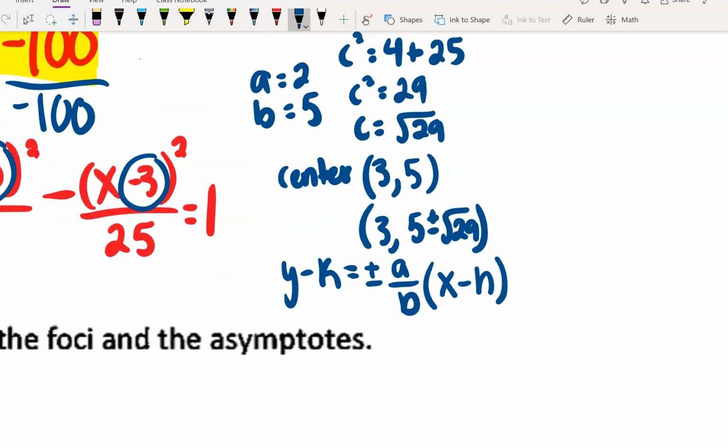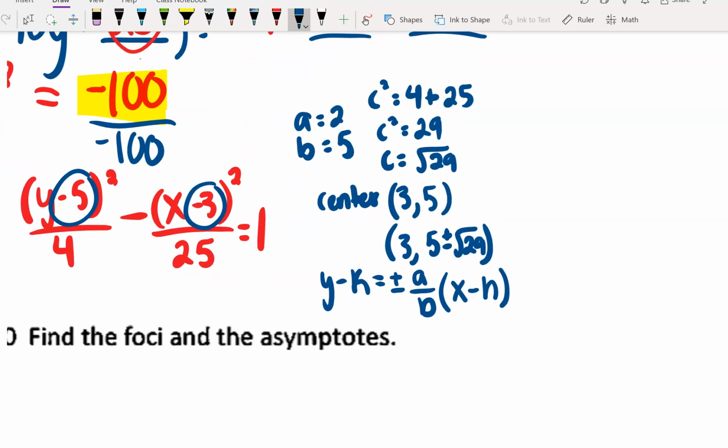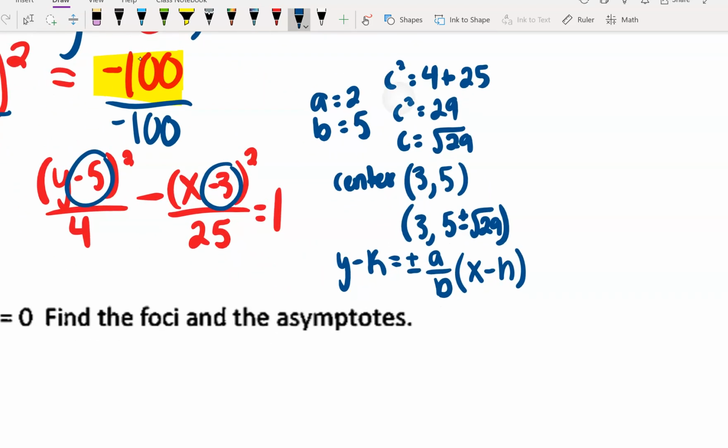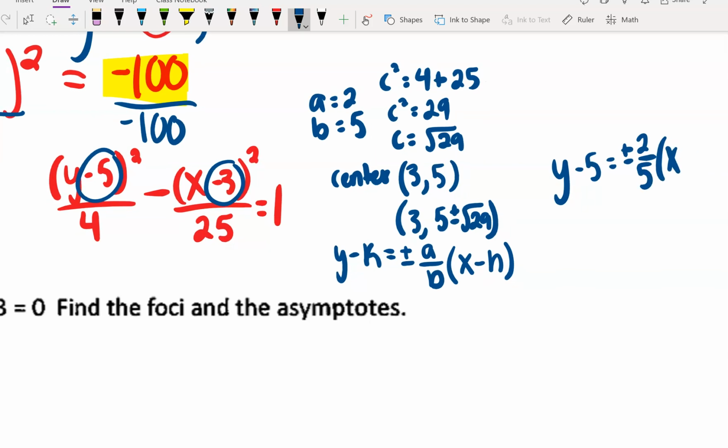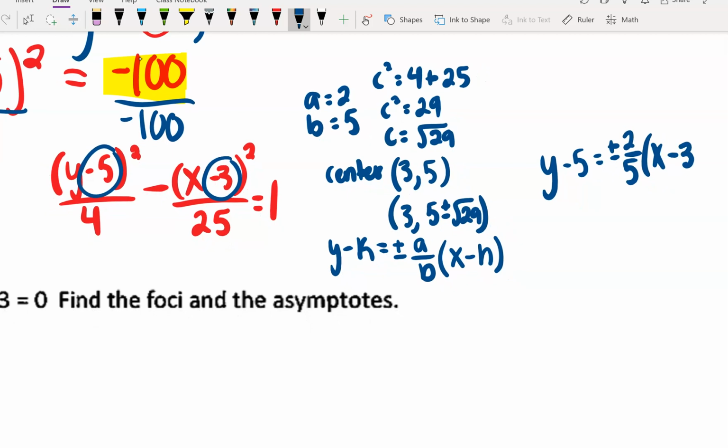All right, so let's just plug into what we have. This is going to be y minus 5 equals plus or minus, A was 2, B is 5, times x minus 3.